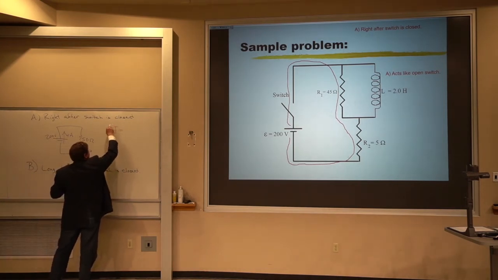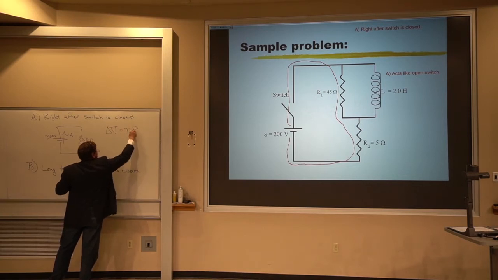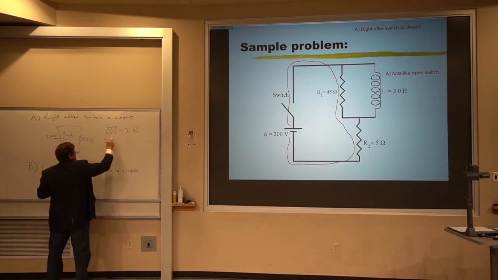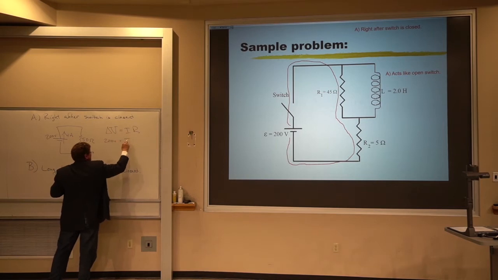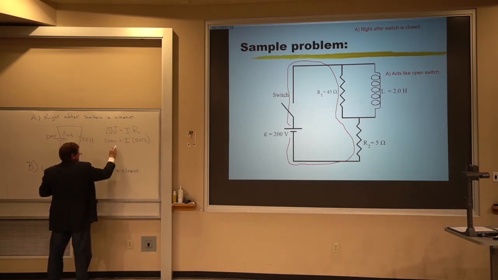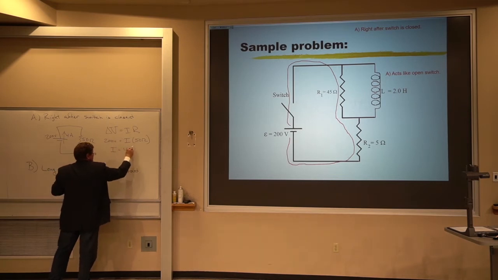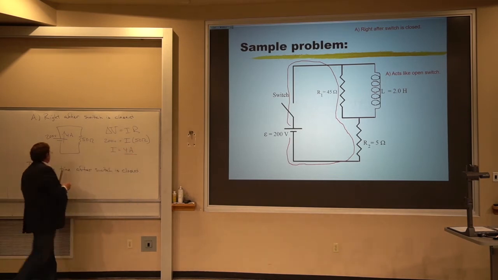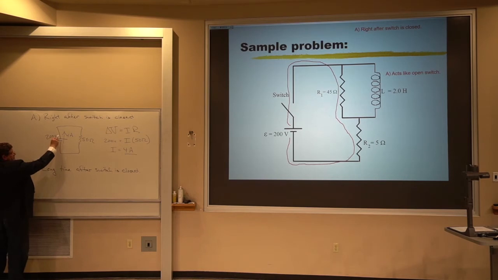V equals IR, this is going to be 200 volts equal to current times 50 ohms. This current is going to be 4 amps, and it's going to be up, leaving the positive terminal of the battery.